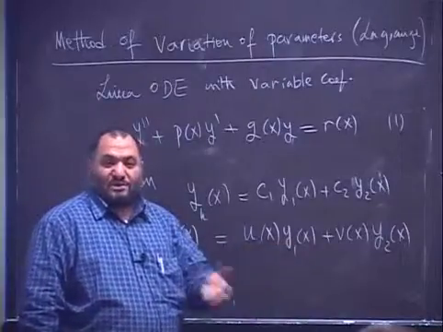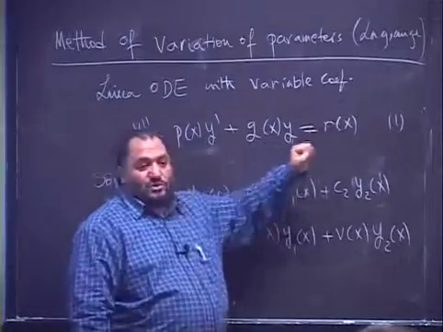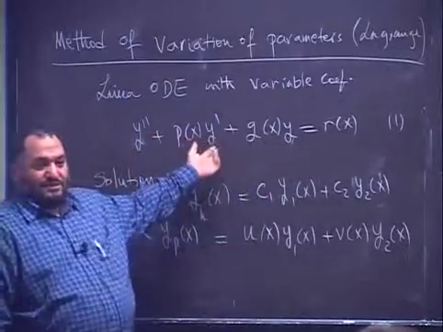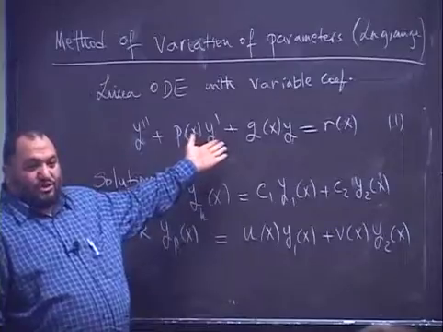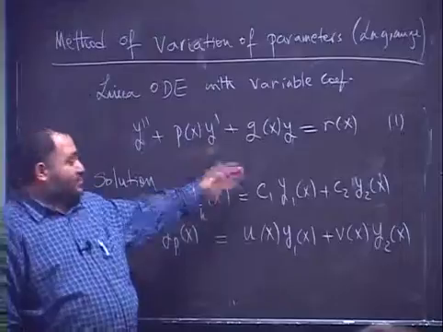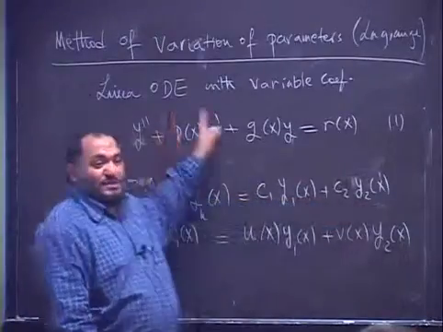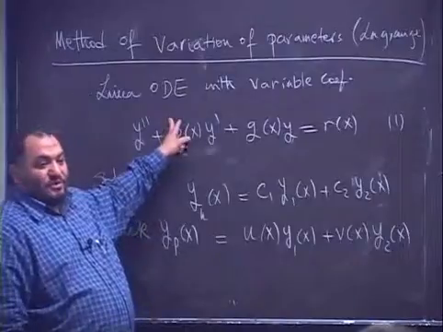So what you will do is you have the differential equation, take off r of x equal to 0, solve for what? For the homogeneous equation. You will get the complementary function solution, which will be in the form of c1 y1 and c2 y2, because this is a second order differential equation.